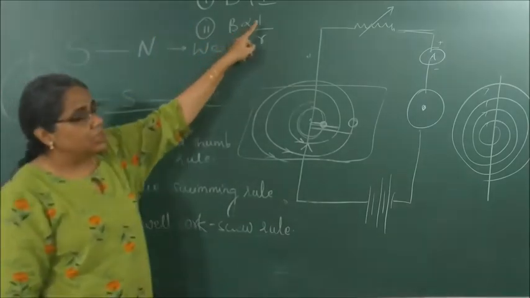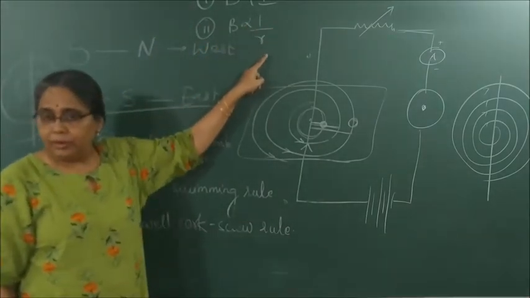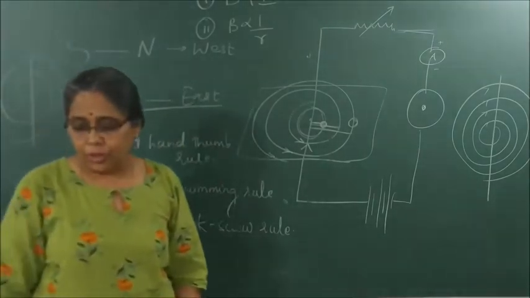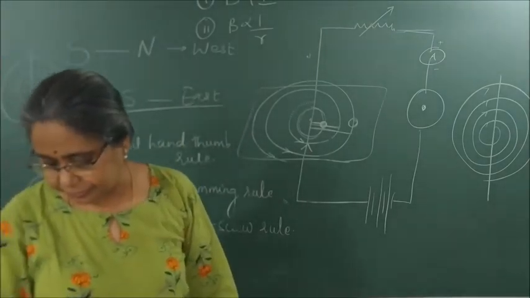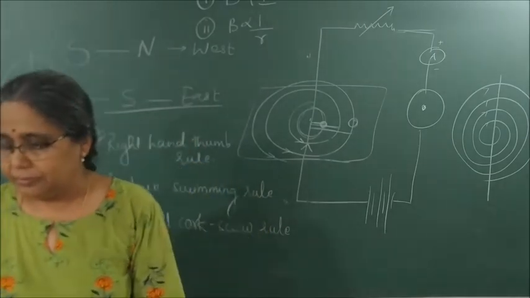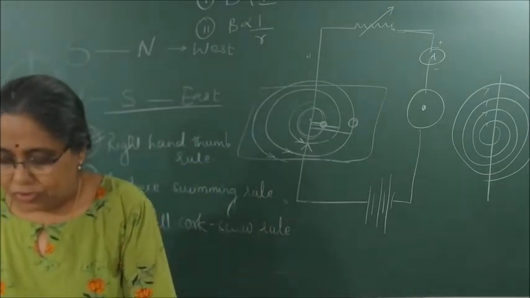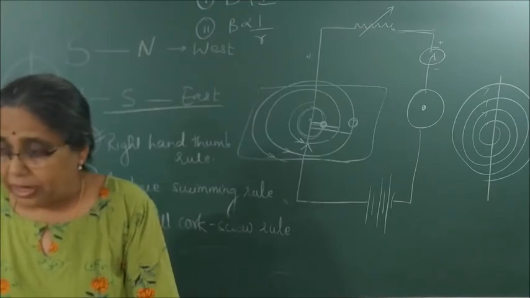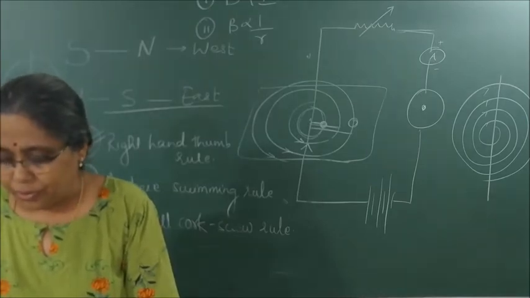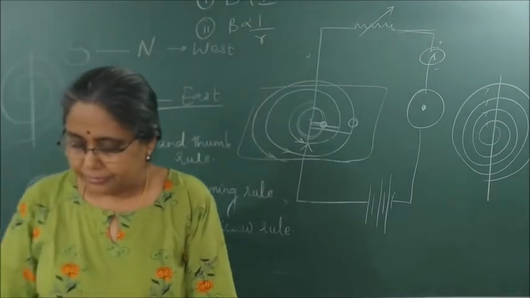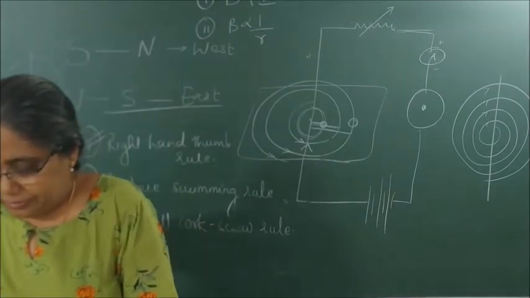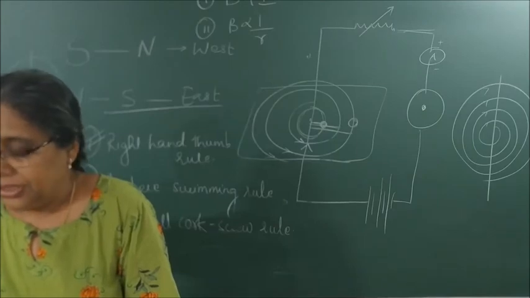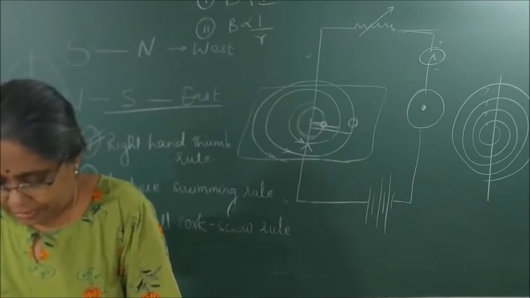So B is proportional to I, and B is inversely proportional to R, where R is the distance from the wire.